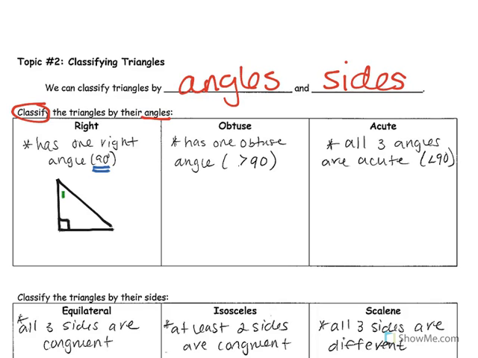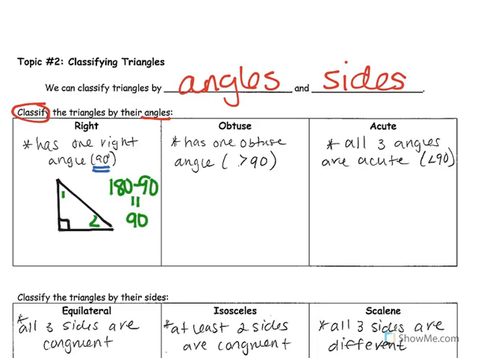Let's look at these two angles right here, angle 1 and angle 2. I know that all three angles, the 90 plus angle 2 plus angle 1, have to add to 180. Well, if I've already used up 90 degrees here, 180 minus 90 is 90.